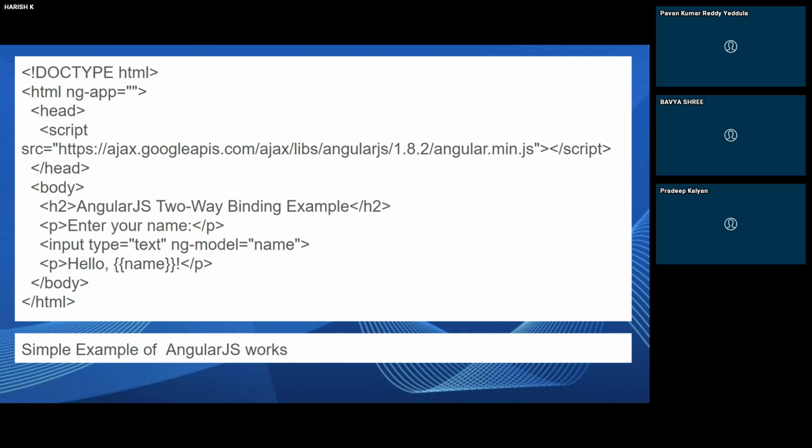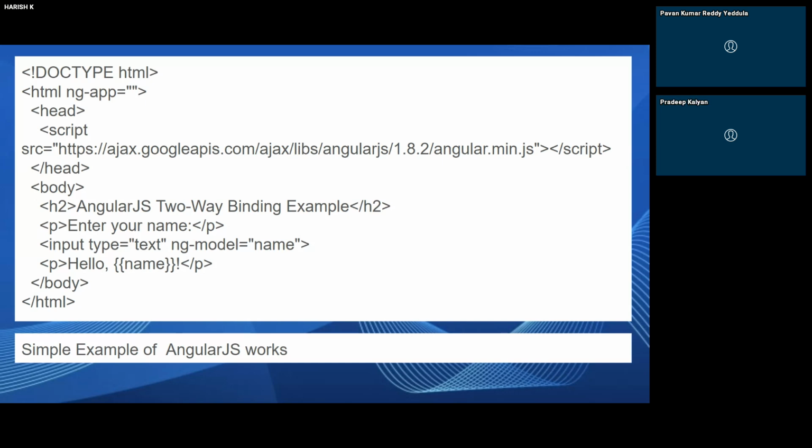In the script you can see the source from the Ajax Google APIs, which directly acts like an API and calls the modules and functions from that location. In this code, we are inputting our text and getting the output without refreshing the web page. It just acts directly through the AngularJS framework.